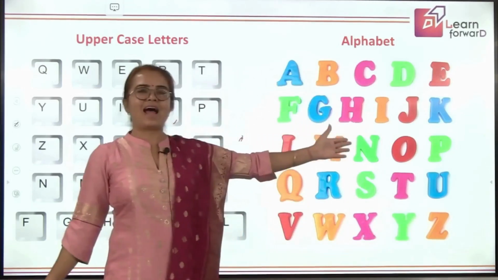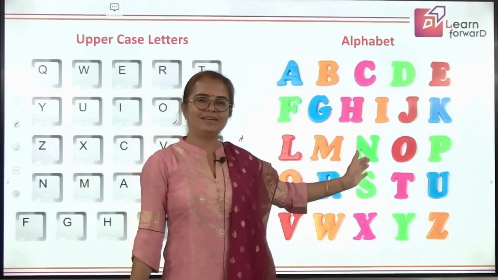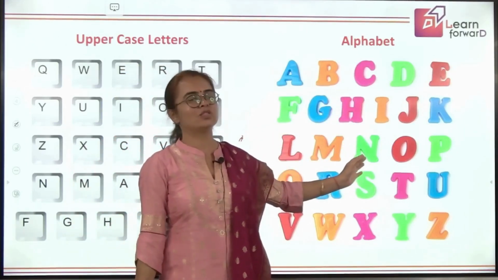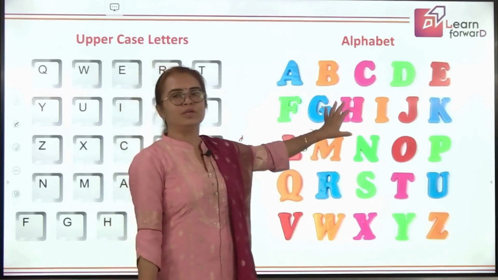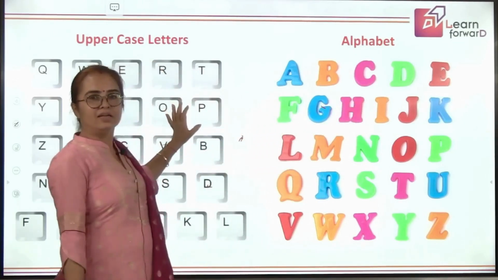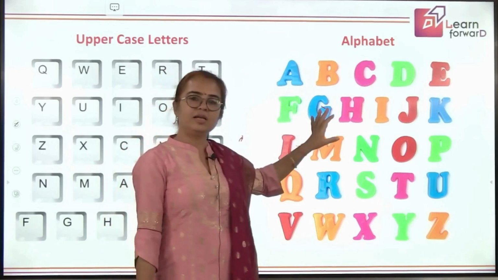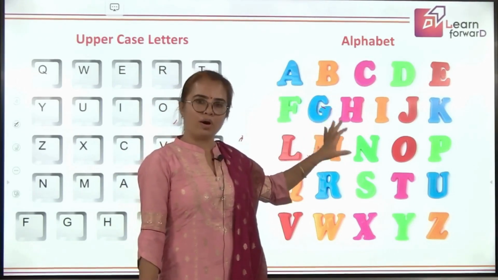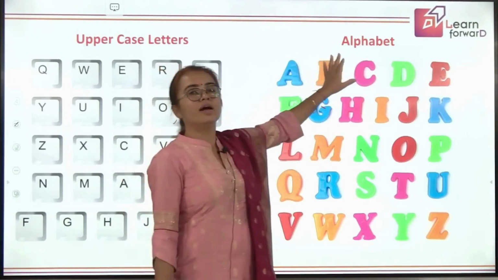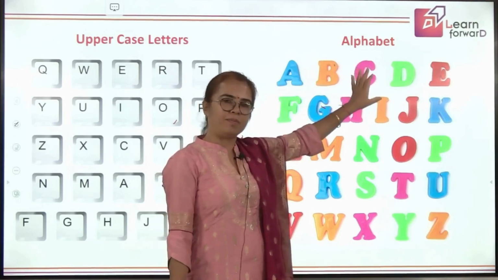So, is that the pattern in which you have learnt letters? Yes, wonderful. So, students, these are just letters, but when we arrange them in a particular order, that is called the English alphabet, right?